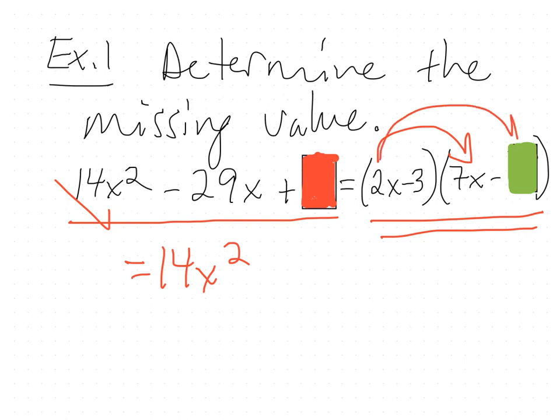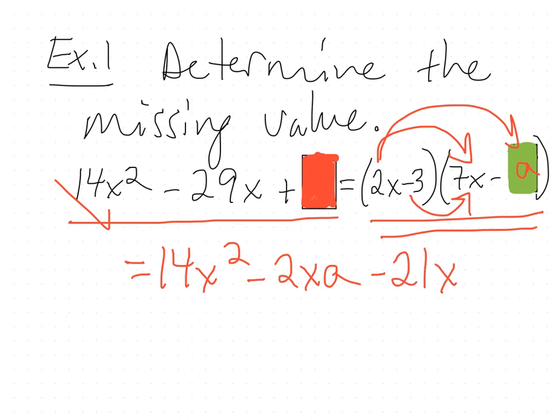Then our second distribution, and we're going to call this a, will equal negative 2x times a. And then our next distribution, negative 3 times 7x, that equals negative 21x.